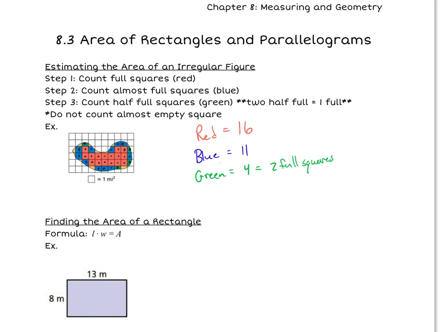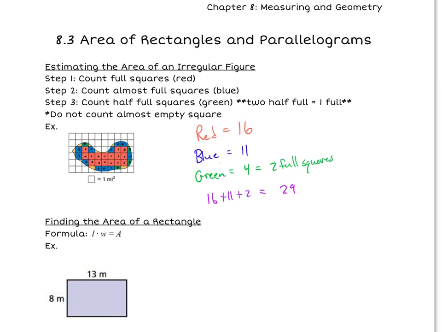16 plus 11 plus 4, not plus 4, plus 2, because we have 2 full squares. So 16 plus 11 plus 2 gives me, let's see, 16 and 11 is 27, plus 2 more gives me 29.